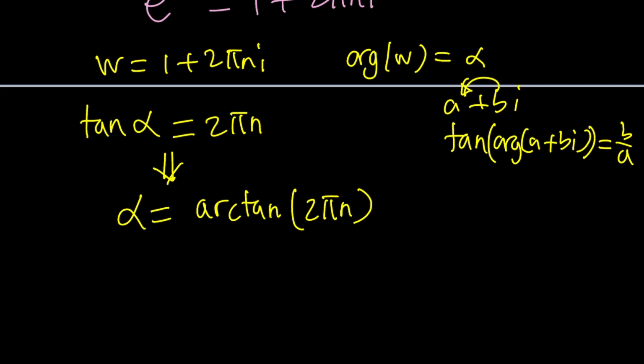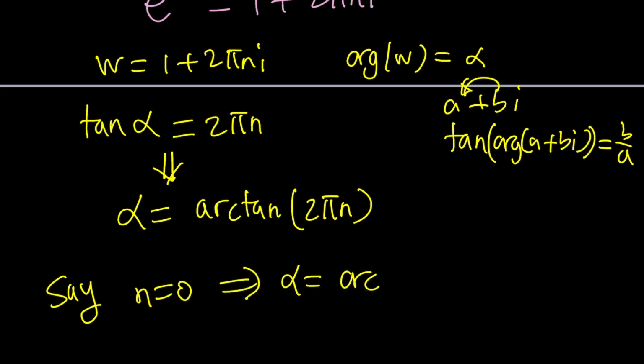Okay. Say n is equal to 0. That means alpha is arctangent 0, which is 0, because if you think about it, tangent 0 is 0, right? But wait a minute, isn't tangent pi also 0? Yes, tangent pi is also 0, absolutely.